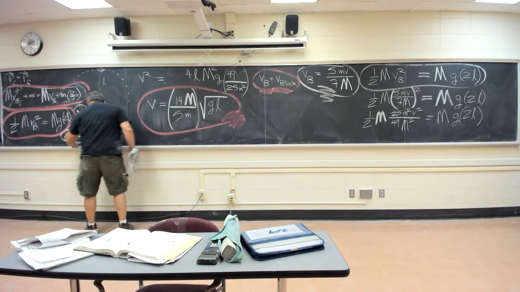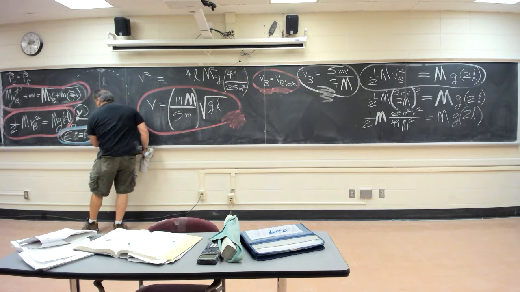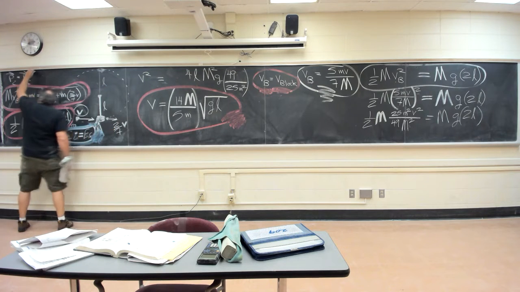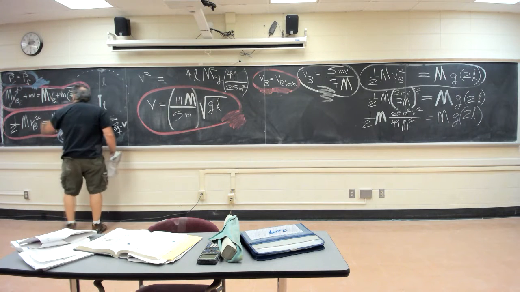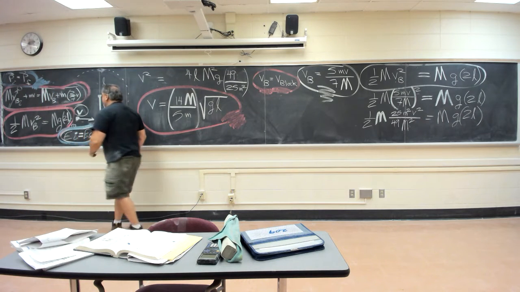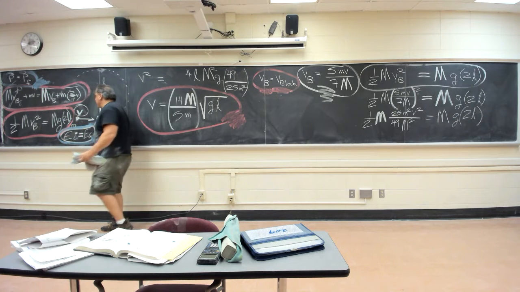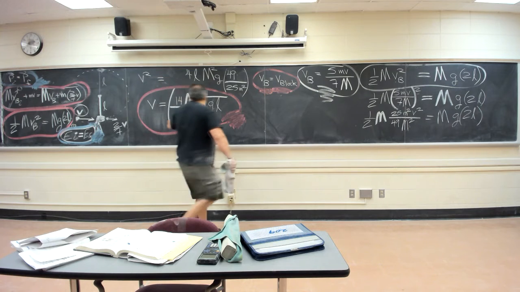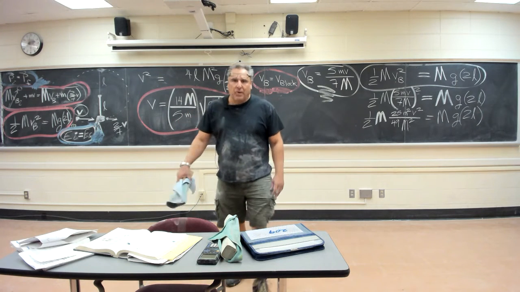So we have conservation of momentum, and we have conservation of energy. Here's your conservation of momentum, here's your conservation of energy. At the end of all of that, you solve, and it looks very similar to the problem in chapter 11.